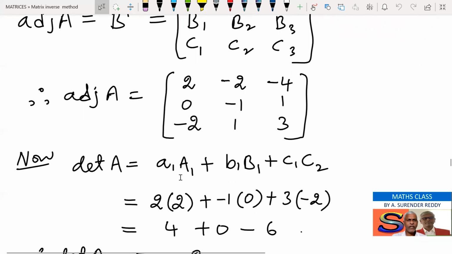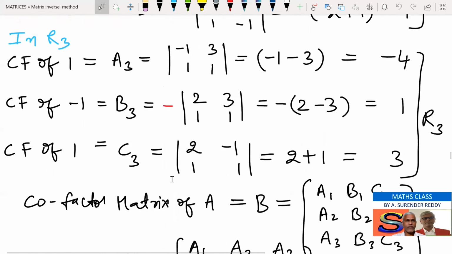In the first row, small a1, small b1, small c1 are the first row elements. Capital A1, capital B1, capital C1 are the cofactors of the first row elements. So element into its cofactor, element into its cofactor, and taking the sum total of all these products, that is the determinant.